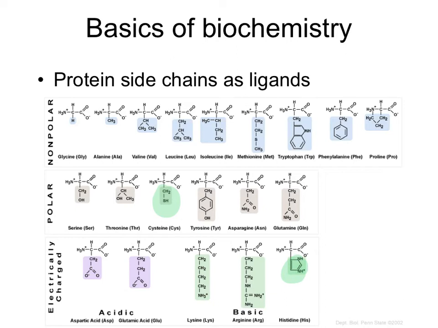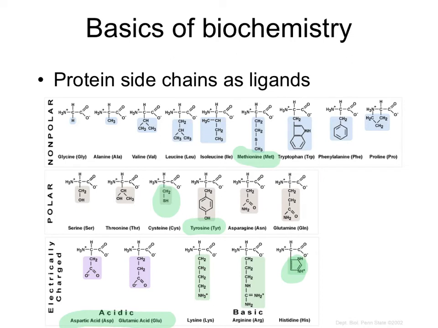But other ones are aspartate and glutamate, methionine, and tyrosine. So we can see that they span nonpolar, polar, and electrically charged groups. So depending on what element you are, you might bind to different amino acids in different ways.